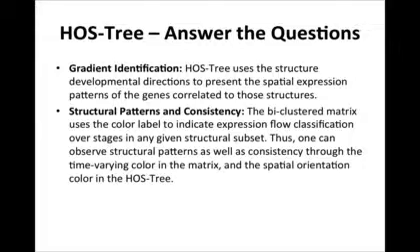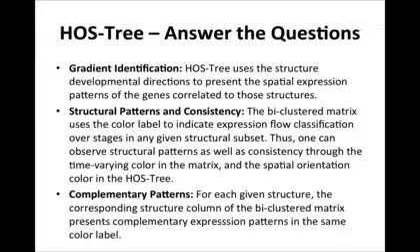Thus, one can observe structural patterns as well as consistency through the time-varying color in the matrix and the spatial orientation color in the HouseTree. Complementary patterns. For each given structure, the corresponding structure column of the biclustered matrix presents complementary expression patterns in the same color label.